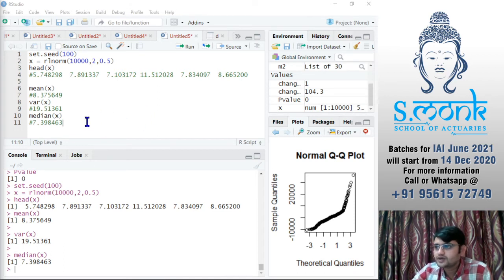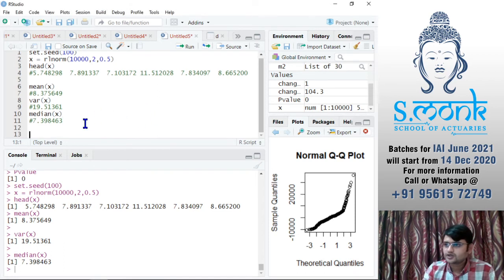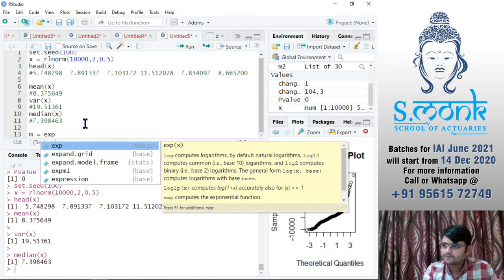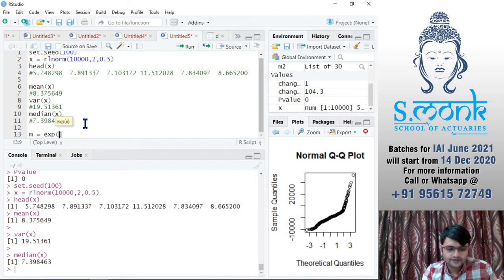So if you want to calculate, let's say, the mean, it is going to be exp of bracket mu, which was 2, plus half sigma square, so into 0.25. This is going to be the mean.